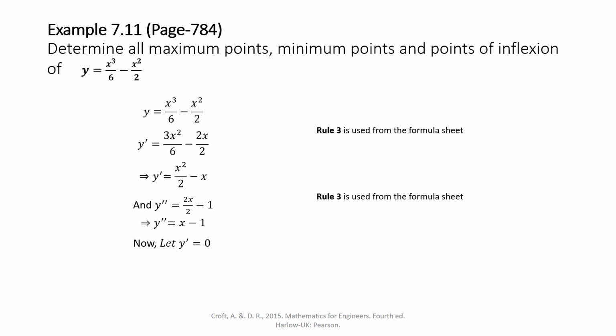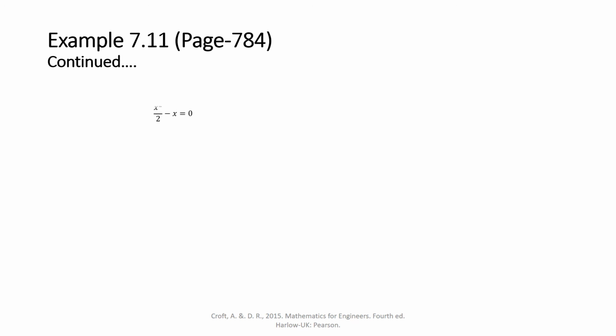We take the first order derivative equal to 0, and simplify it. So x equals 0 or x equals 2. So x equal to 0 and x equal to 2 are the maximum or minimum points.